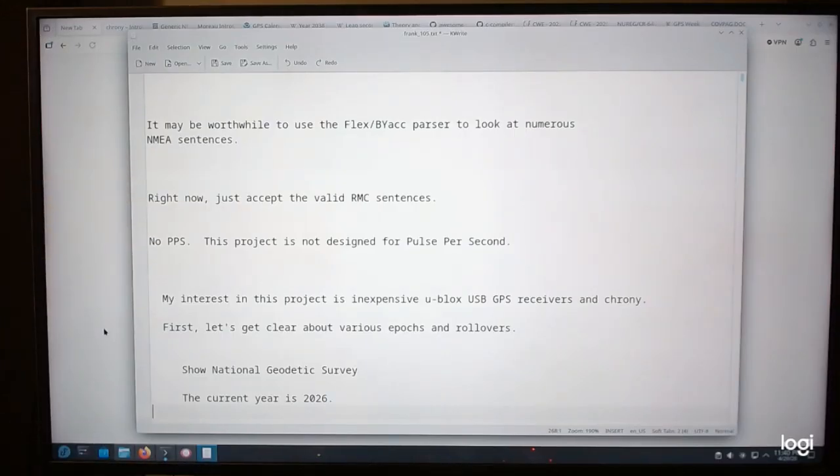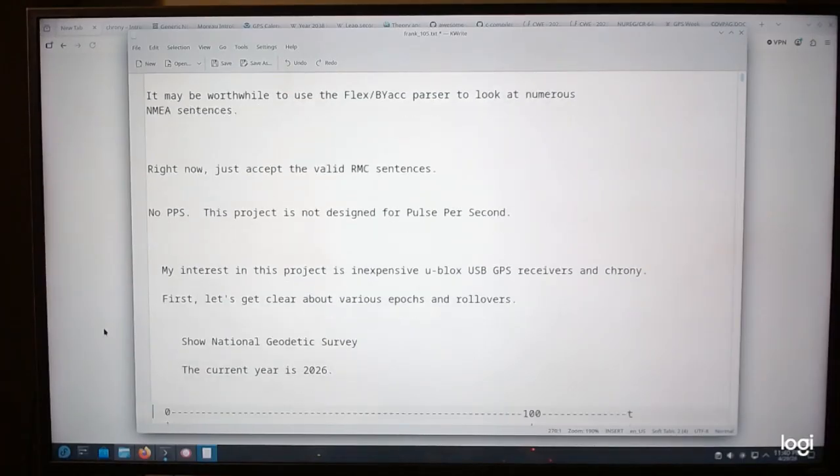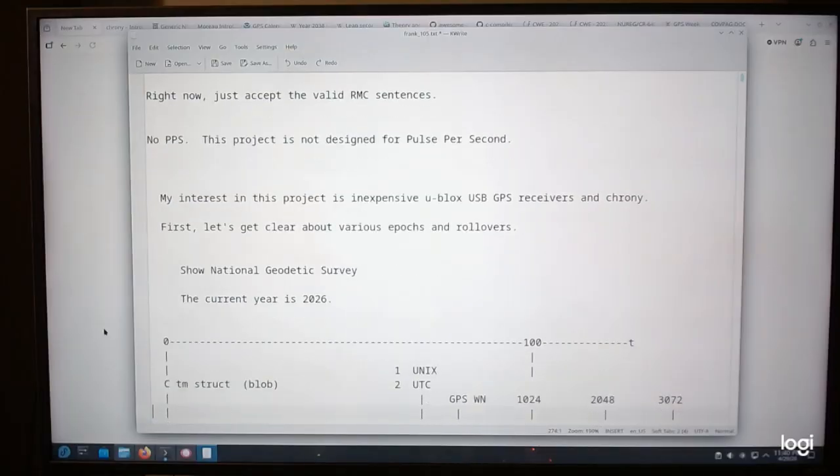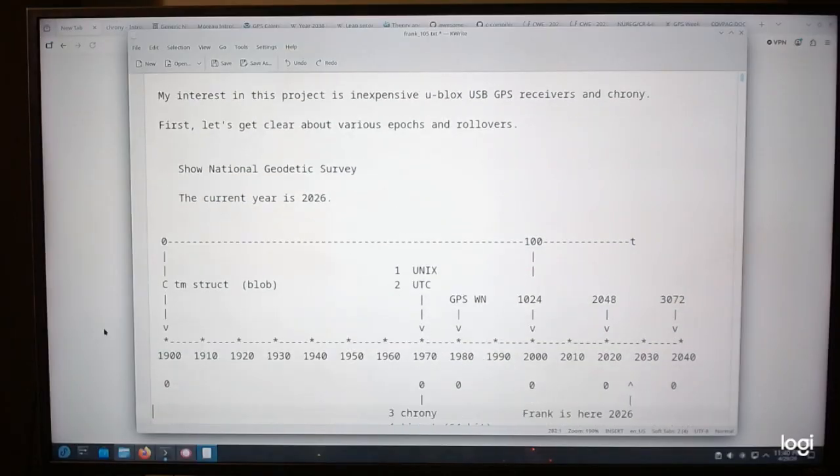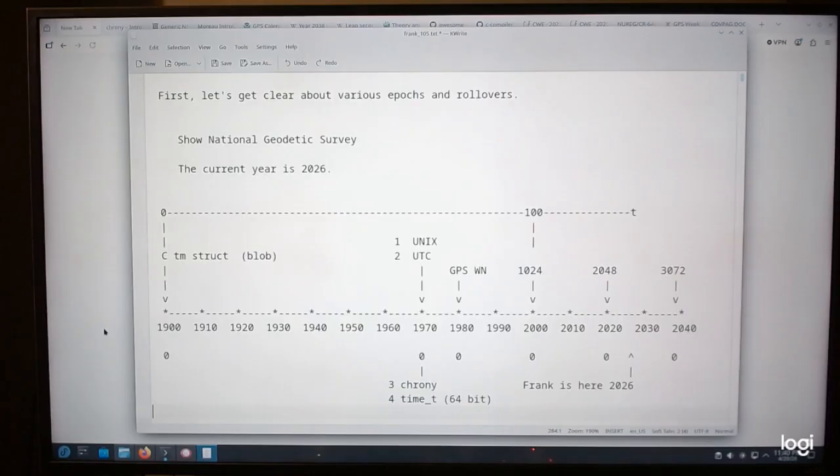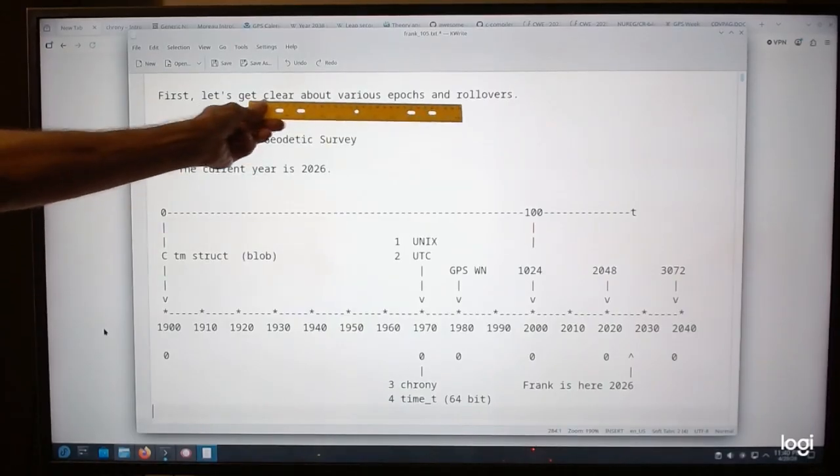So that might be something I want to look at. But right now, I know I don't want to do the pulse per second. That's too hard for me at this time. Other than that, let's get clear on these epochs and rollovers.